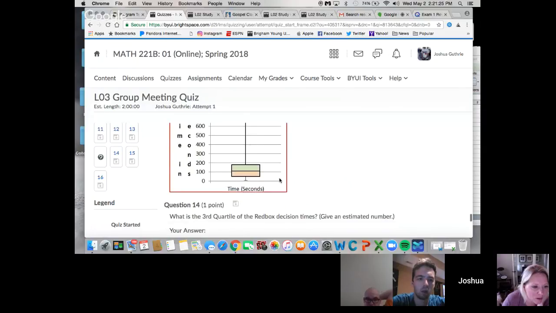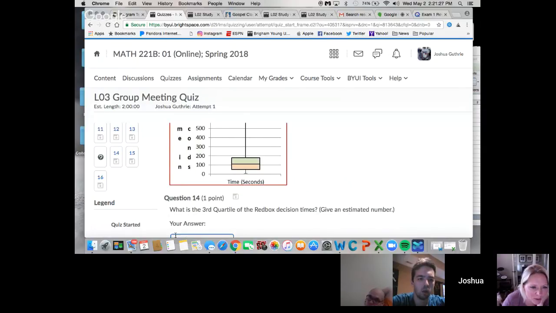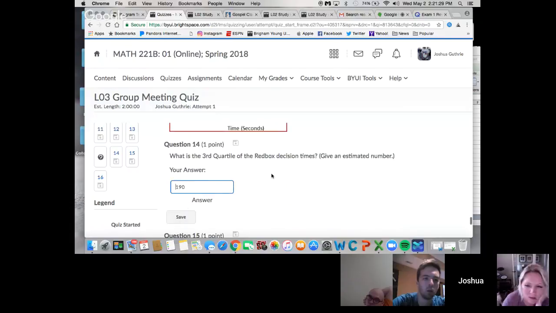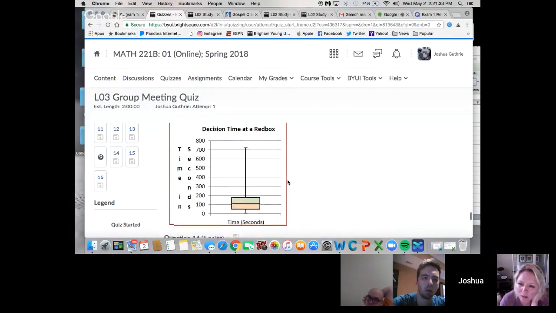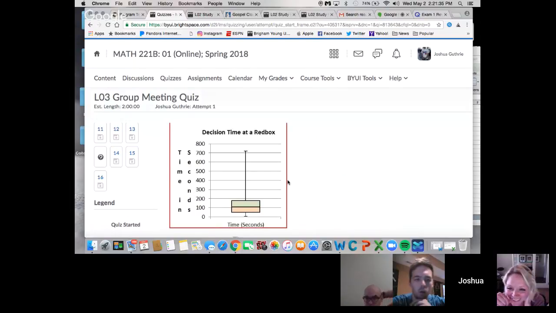What is the longest observed time of the Redbox customers in the study? So here's the box plot for you still. Thanks. Well, isn't that the same? Yeah, I would think, the longest.